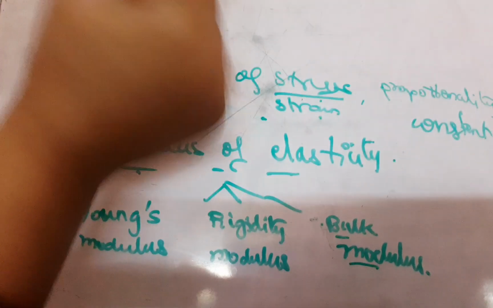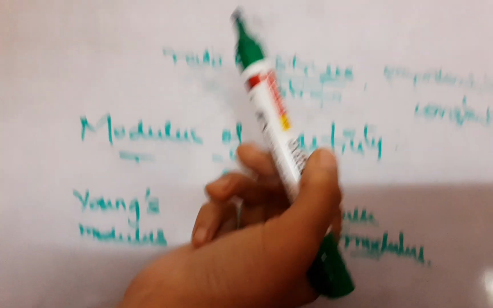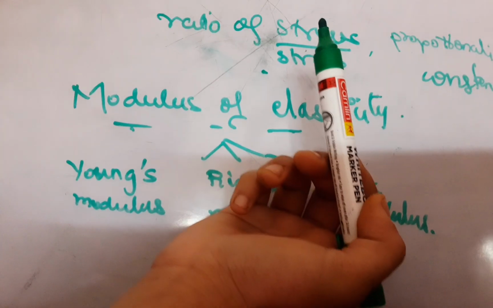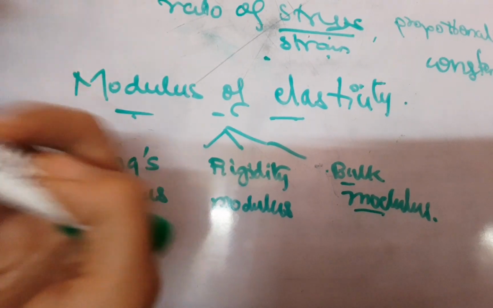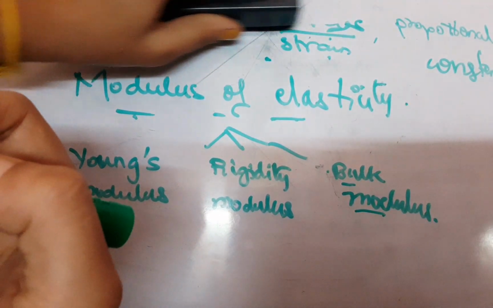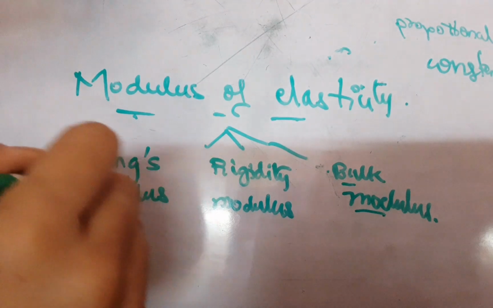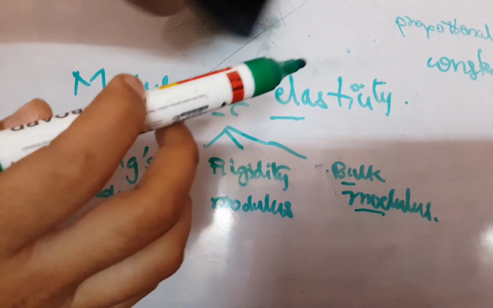Either you can say it is the ratio of stress and strain or the proportionality constant between stress and strain. So this will be the modulus of elasticity, either Young's modulus, rigidity modulus, or bulk modulus.